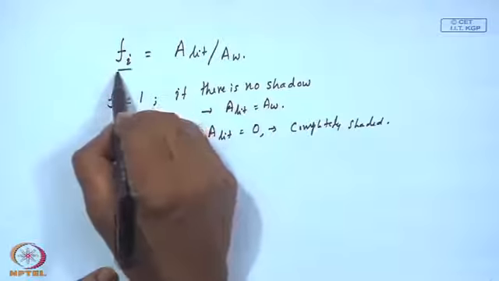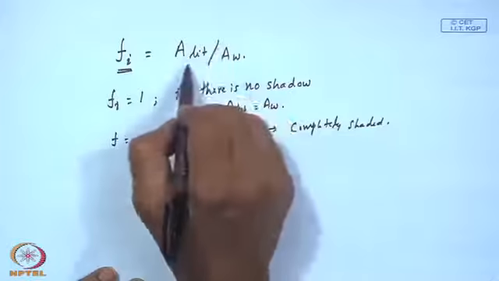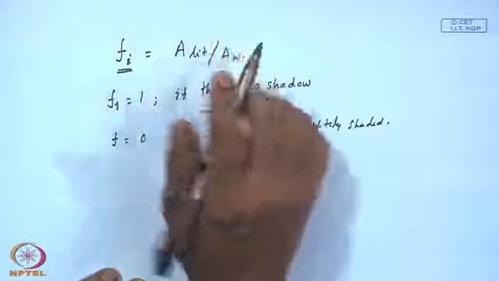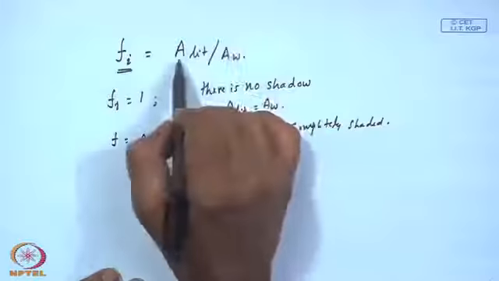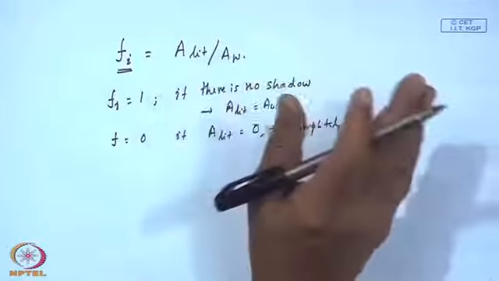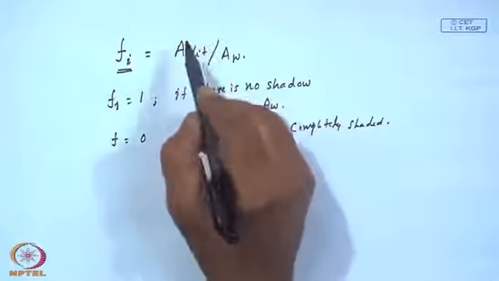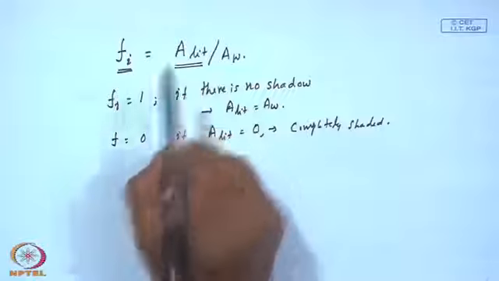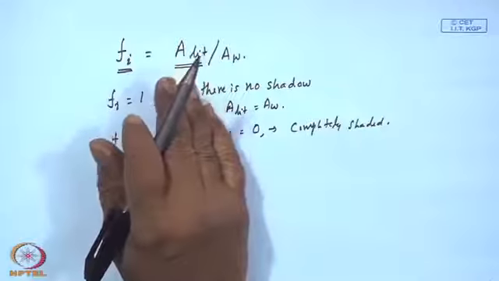The shading factor is defined not in terms of the shaded area, but in terms of the area that is still lit. So, A lit by AW is the shading factor, and if A lit is equal to AW, there is no shade, that means it will be equal to 1 when there is no shading at all, and it will be equal to 0 when A lit is 0, and A lit being 0 means that the window is completely shadowed.